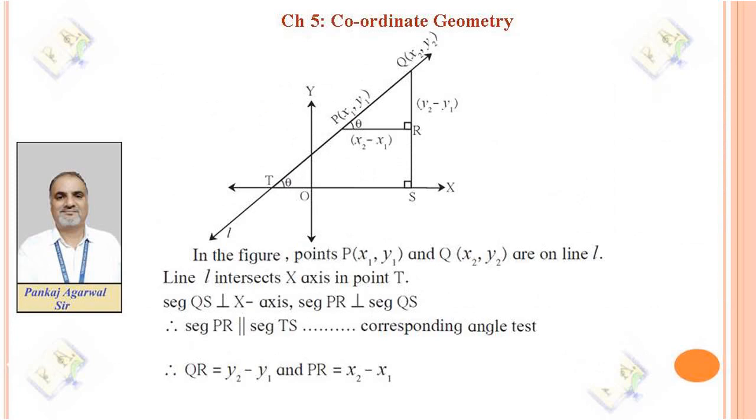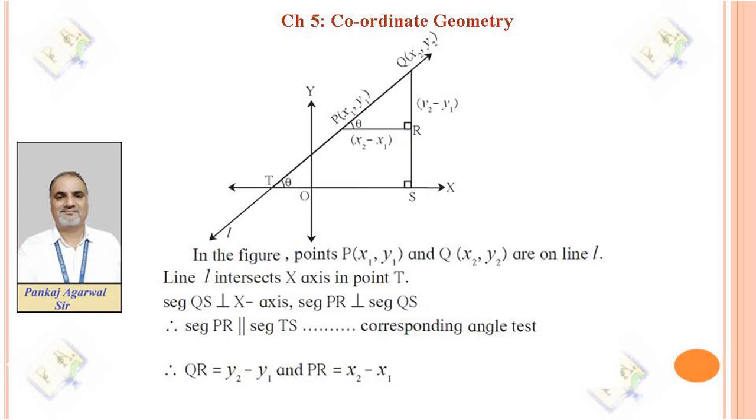Point P (x1, y1) and Q (x2, y2) are on the line L and the line intersects the x-axis at point T. Draw segment QS perpendicular to the x-axis and segment PR perpendicular to segment QS. Therefore, segment PR is parallel to segment TS, by the corresponding angle test, making an angle theta with the line.